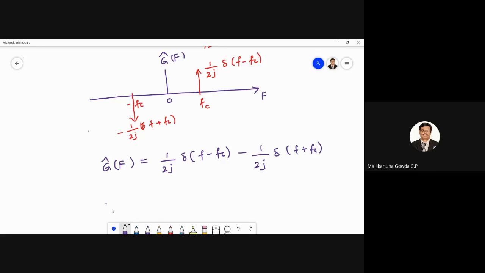So now I want g cap of t, right? So to get g cap of t, what I need to do is inverse Fourier transform. You have to take inverse Fourier transform, right? So if I take inverse Fourier transform to the above equation, then I will be able to say what is g cap of t.